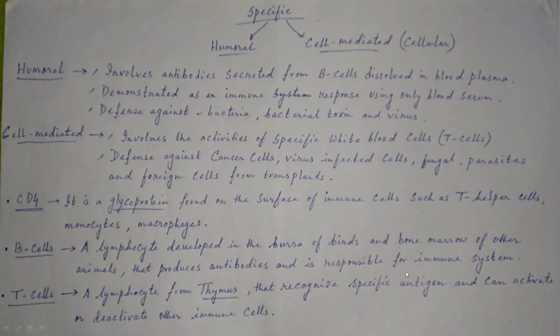Even in humans, in the structure of antibody we have studied that B cells are present.